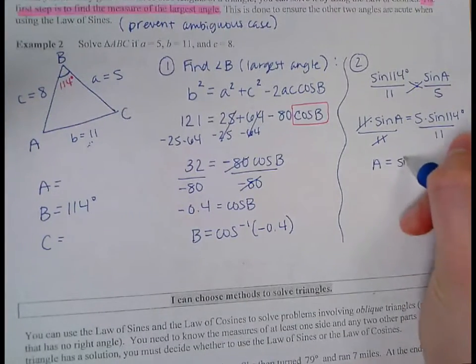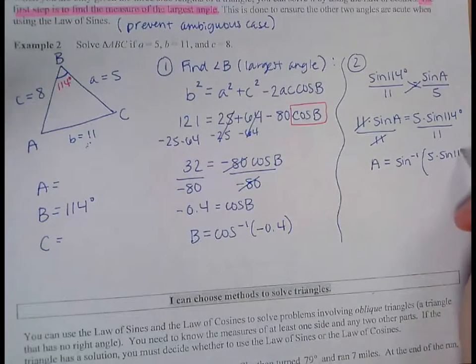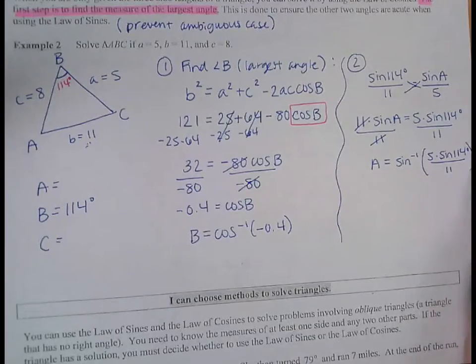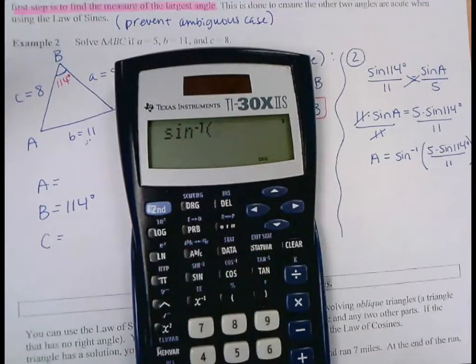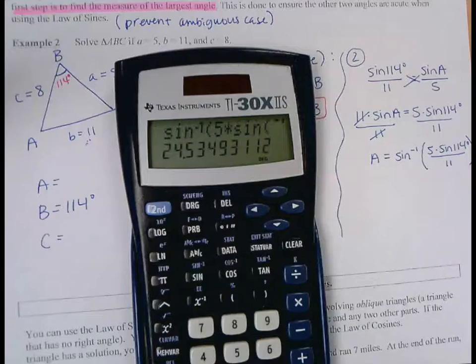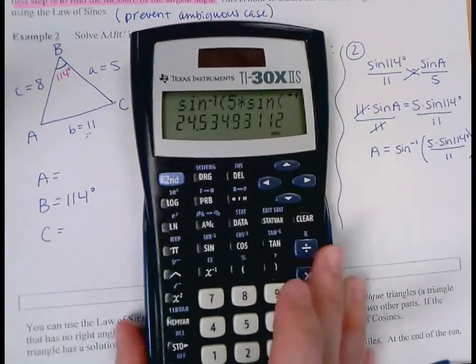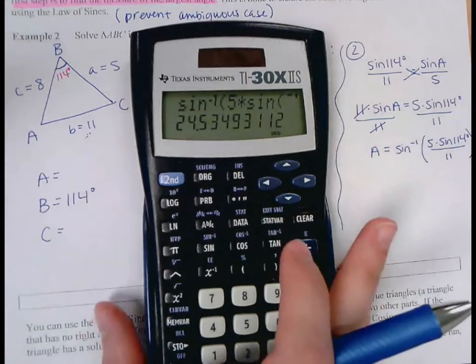So A will equal inverse sine of 5 times sine of 114 over 11. And angle A then to the nearest degree, it's 24.534, so 25 degrees, rounding that up.